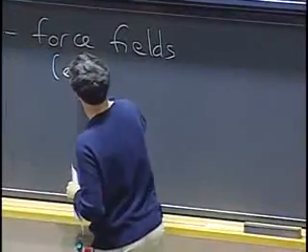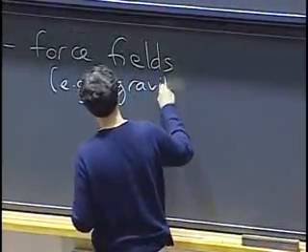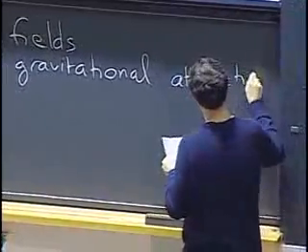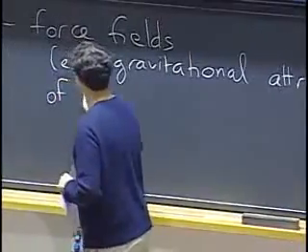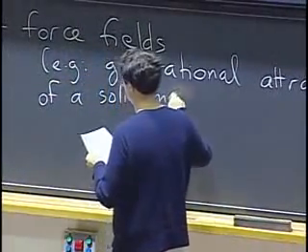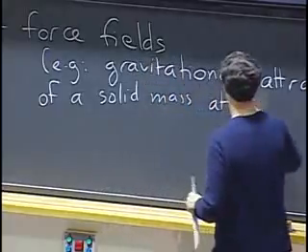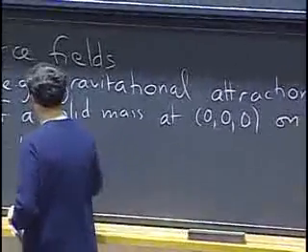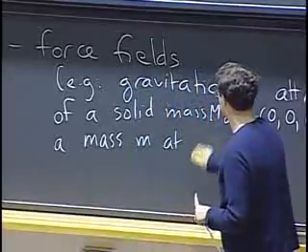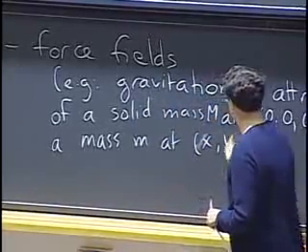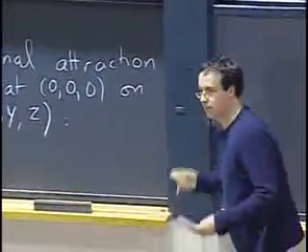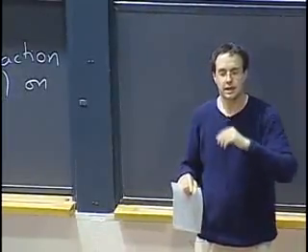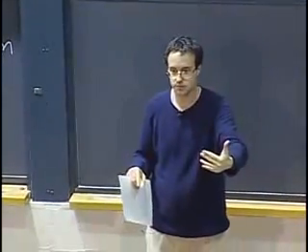For example, the gravitational attraction of a solid mass, big M, at the origin on a mass m at a point x, y, z would be given by a vector field that points towards the origin and whose magnitude is inversely proportional to the square of the distance from the origin.